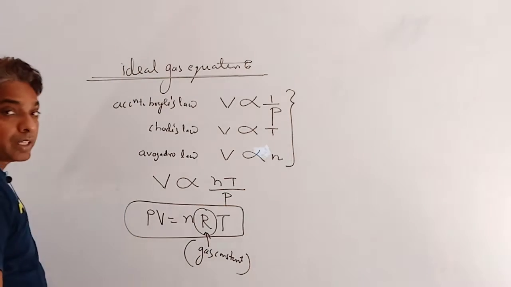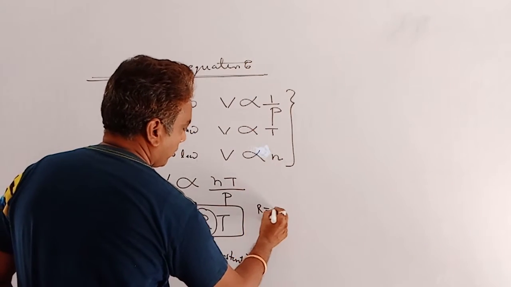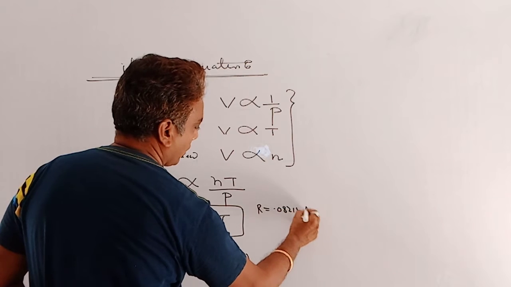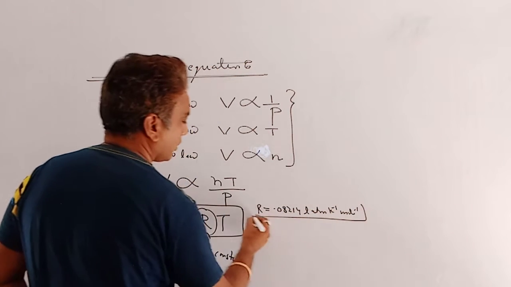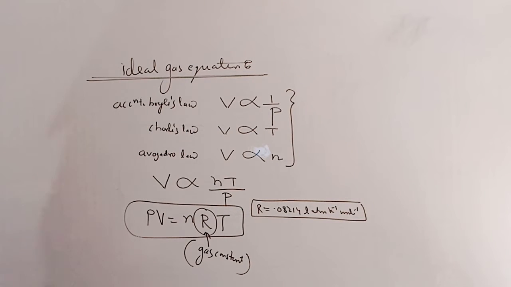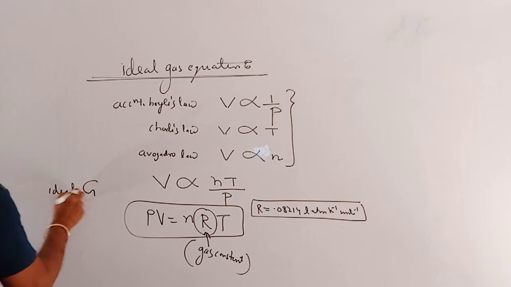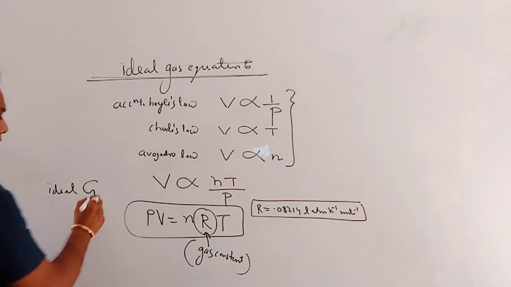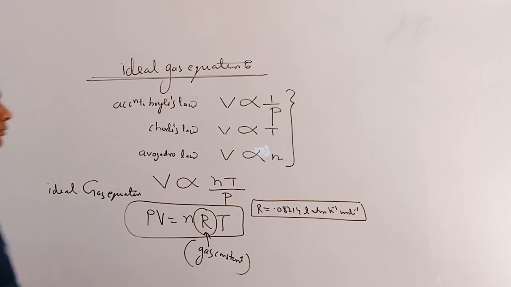The value of R is fixed, which is 0.08214 liter atmosphere Kelvin inverse mole inverse. So this equation is also known as the ideal gas equation. Clear? Note it.